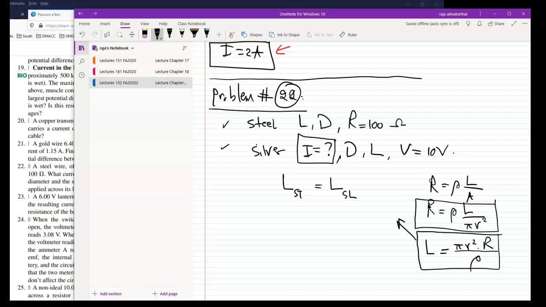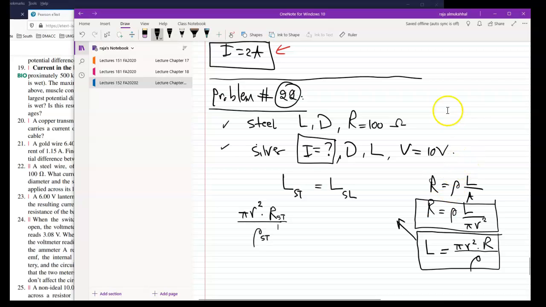Got it? So in this case, for steel, it's going to look something like pi r squared times the resistance over rho. Now, of course, the rho here is the resistivity for what? For steel. Got it? And that's for steel as well.